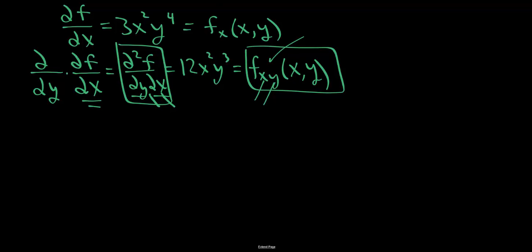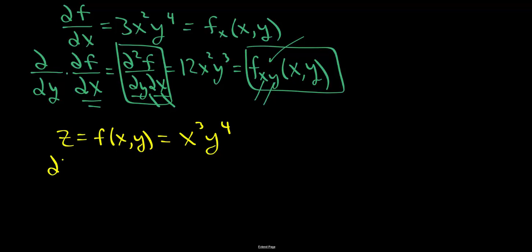Now let's look at something else here. Remember, we've got z is equal to f of xy, and this was x to the third y to the fourth. That was the original. Now let's do partial of z with respect to x. Just like before, we've got 3x squared y to the fourth.